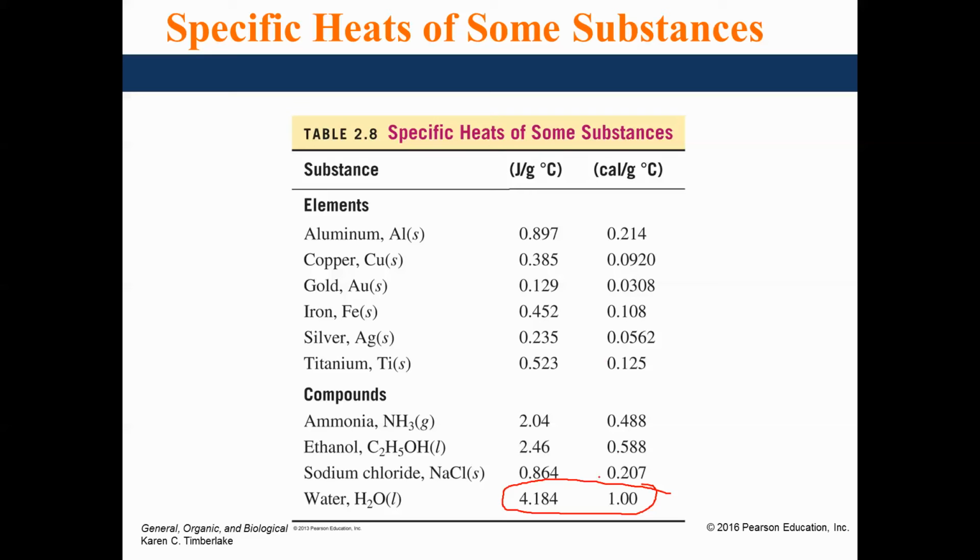You might also notice that it has a value of 1 right here, 1 calorie per gram degree C. It's actually used as one of the bases of the metric system, this energy right here. So 1 calorie per gram degree C is the specific heat of water, and most other materials, as you can see, are significantly lower than that.